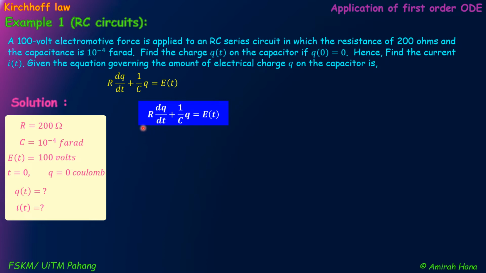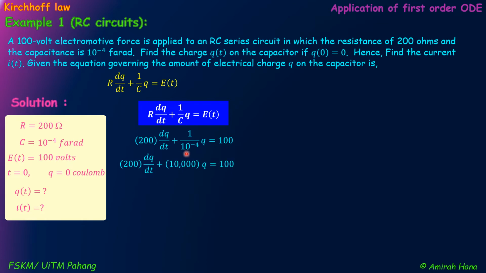R we replace by 200, C we replace by 10 to the power of negative 4, and we replace E(t) by 100. After that, we need to make the coefficient of dQ over dt equal to positive 1.